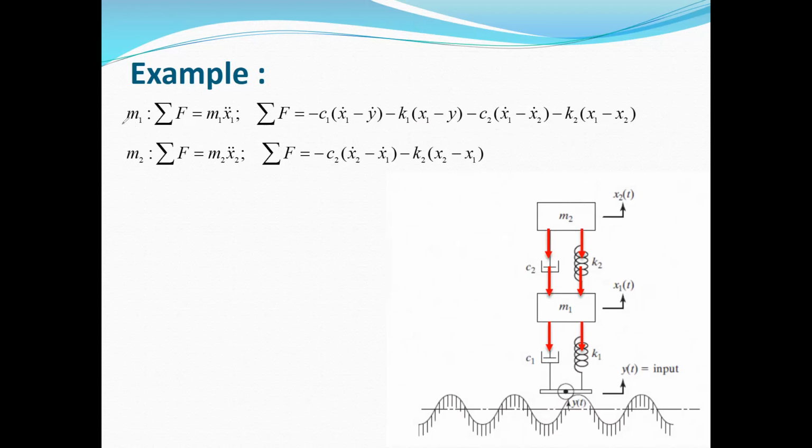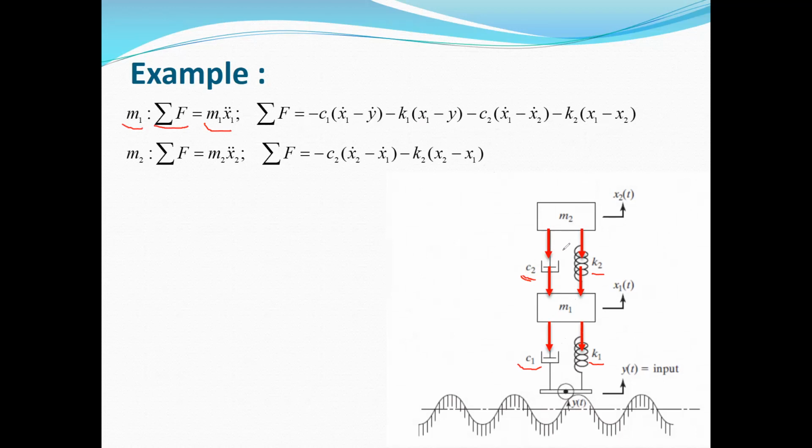So for the mass m1, the summation of the force must be equal to m1 x1 double dot. The summation of the force for this mass is one due to the spring K2, one due to the spring K1, one due to the damper C2, and one due to the damper C1.